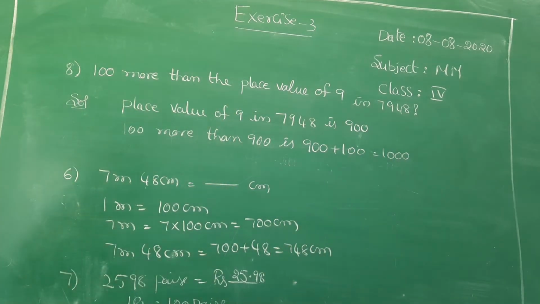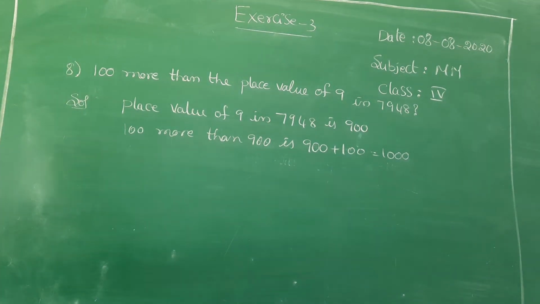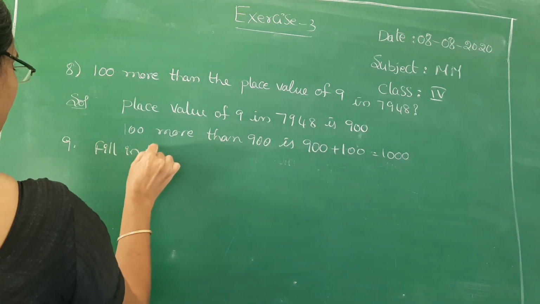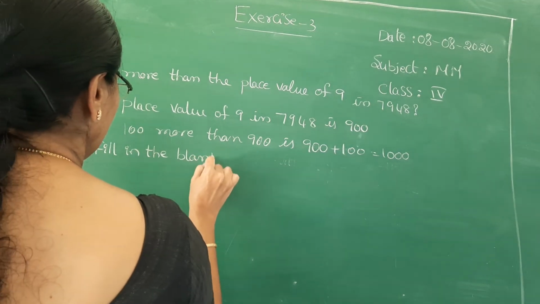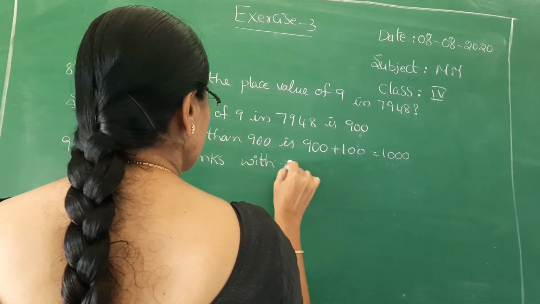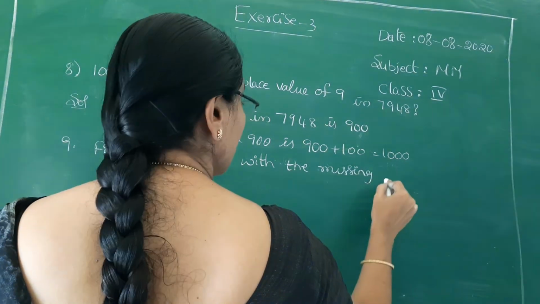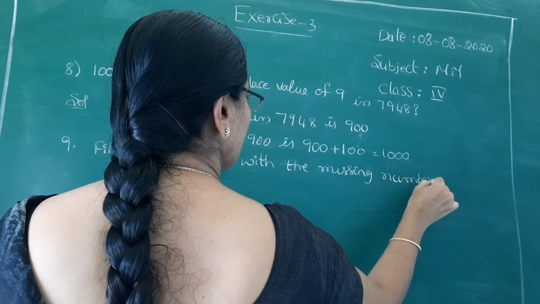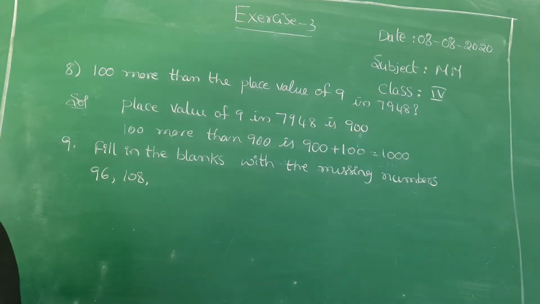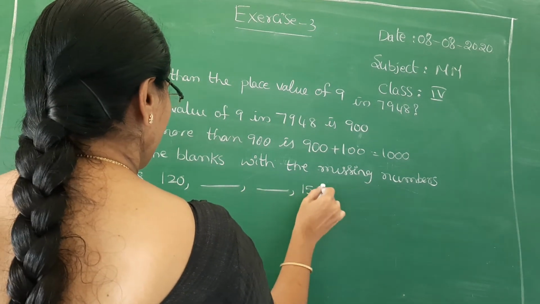See the next problem, ninth problem. Fill in the blanks with the missing numbers. See here they have given 96, 108, 120, dash, comma 156.